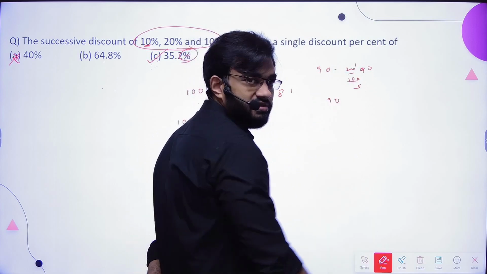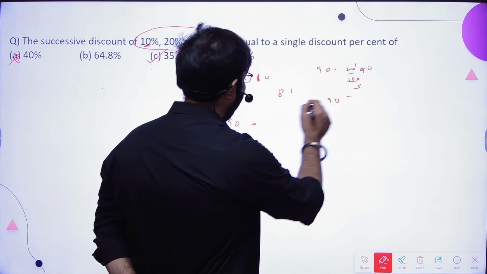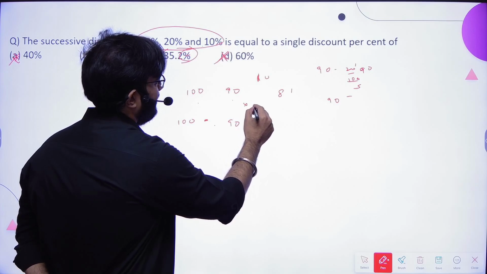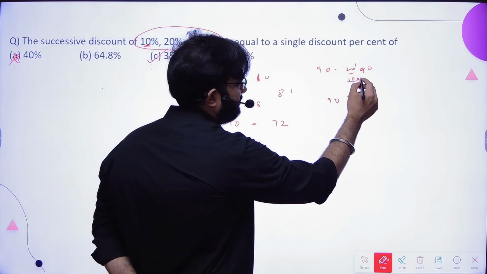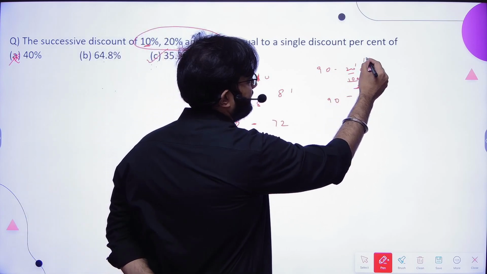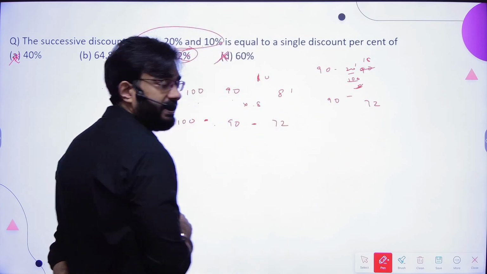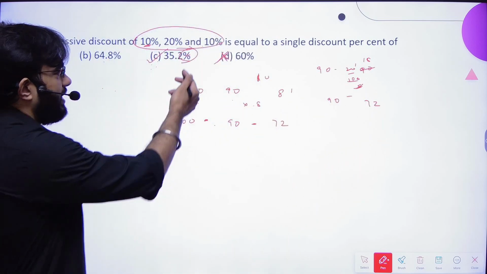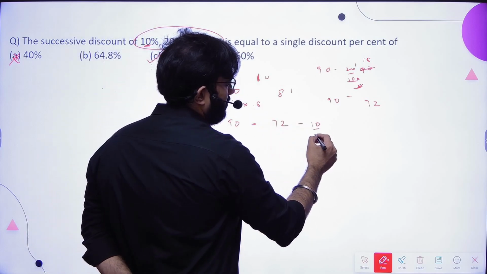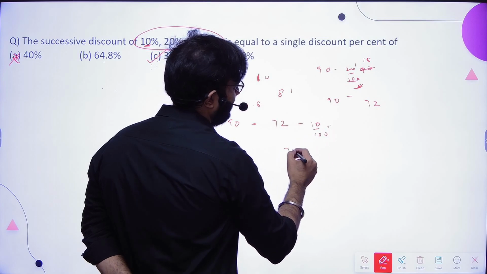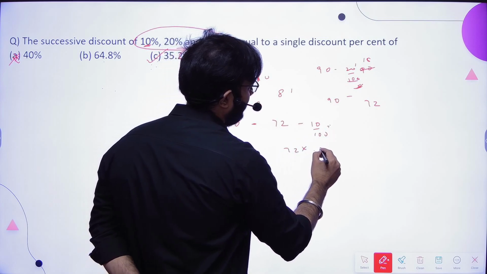Or directly you can multiply 90 into 0.8, it will give you 72. If you solve like this, 5 into 18, this will give you 72. And then for 72, again 10%, so 72 minus 10%, or you can directly do 72 into 0.9.